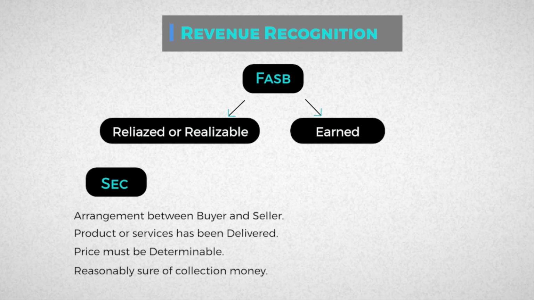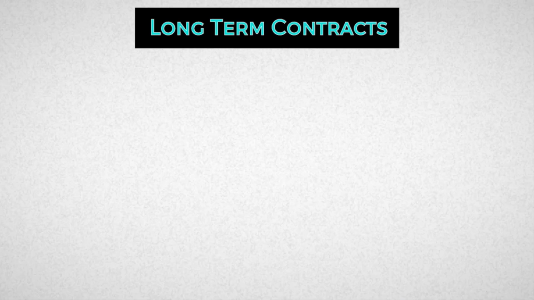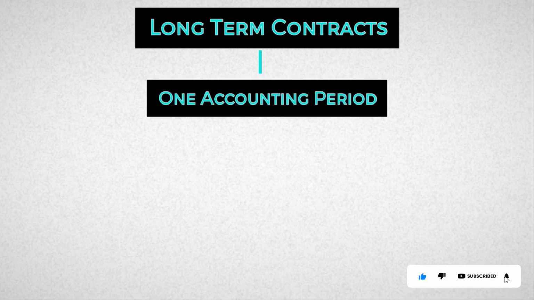So we'll now look at how a long-term contract can classify its revenue by using various methodologies provided by the FASB. Let's talk about long-term contracts and how they are recognized. When we talk about long-term contracts, one assumption we are making here is that the period is more than one accounting period.